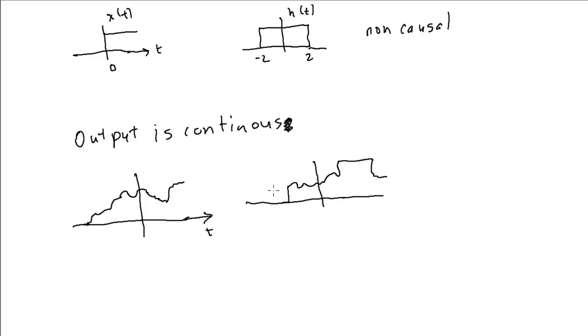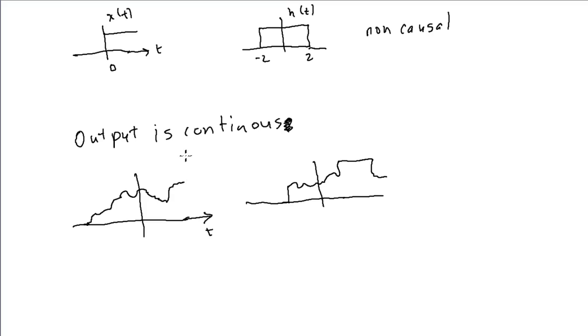Our convolution will always obey that as long as neither the input nor the impulse response contain an impulse. Okay, if either one of these involves an impulse function, then we can get a jump in the output.